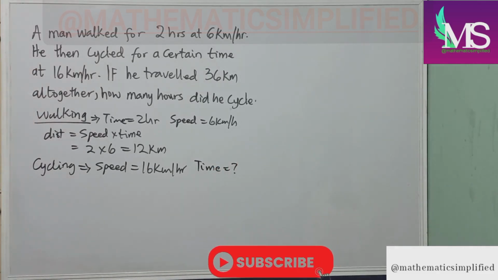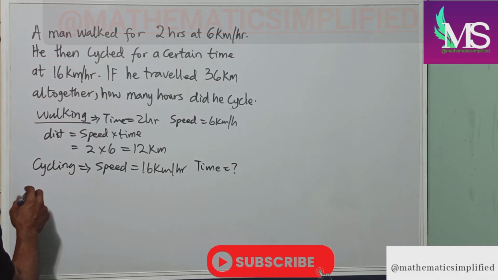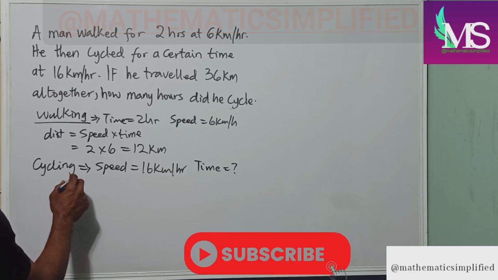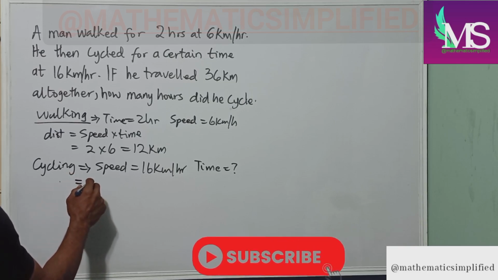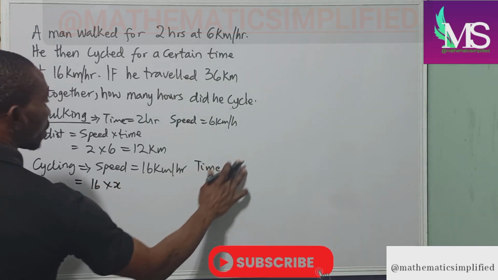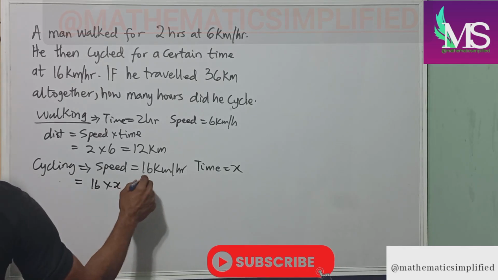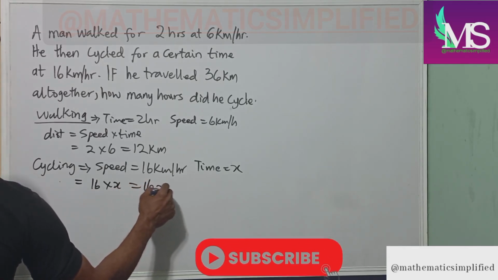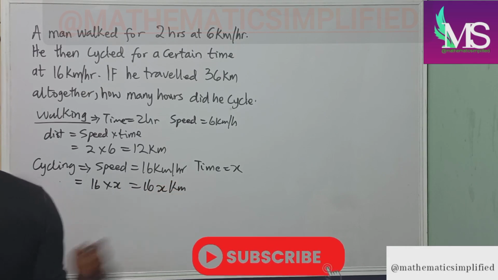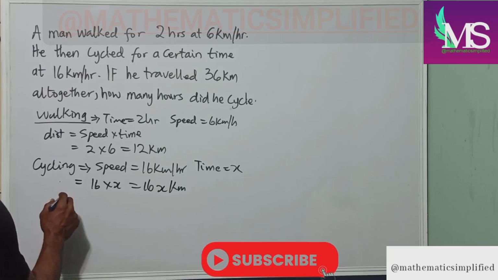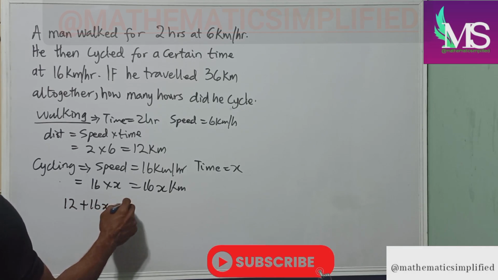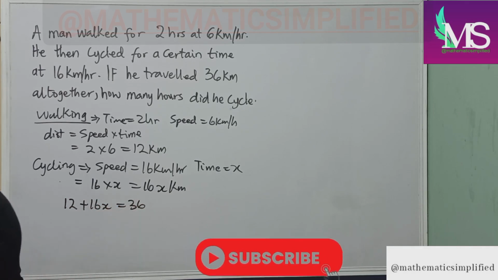That's what we are looking for. So the cycling distance will be 16 times x. Let's call our time x, which gives us 16x kilometers.